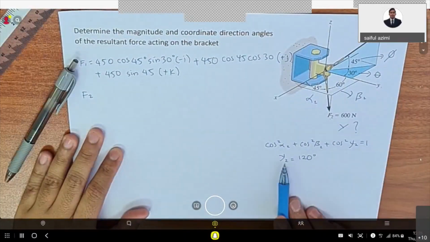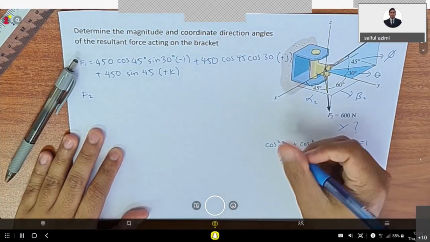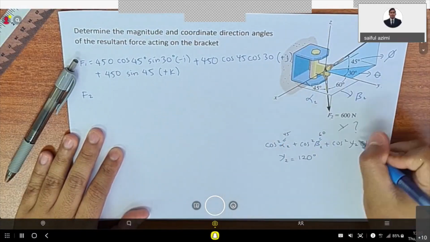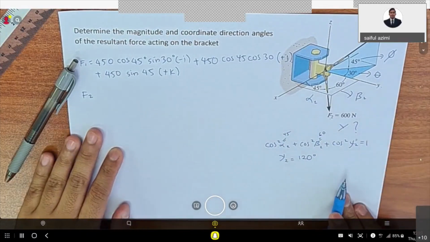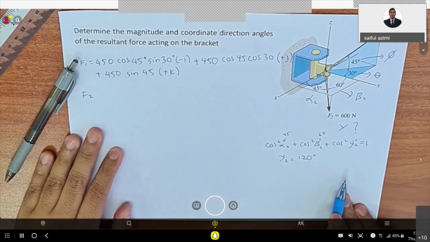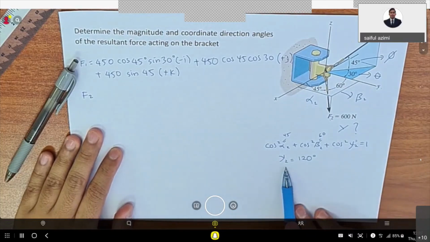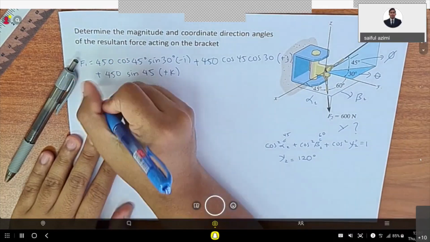Eventually you will get gamma 2 equals to 120 degree after solving this formula, because you already have alpha 2 equals to 45, beta 2 equals to 60, and you just need to find the gamma 2.